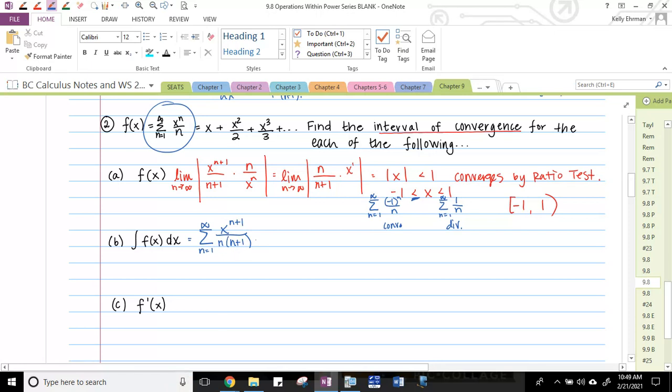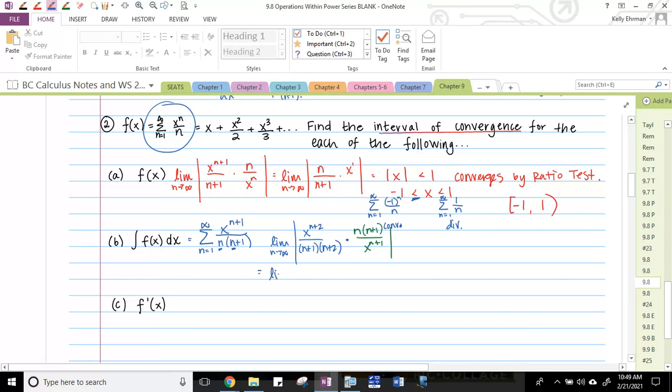And now I need to show what the interval of convergence is for this integral here. So I'm back to using my ratio test to say the limit as n approaches infinity of x to the n plus 2 over n plus 1 times n plus 2, because I plug n plus 1 in here and here, times, I'm going to switch colors so these don't run together, n times n plus 1 over x to the n plus 1.